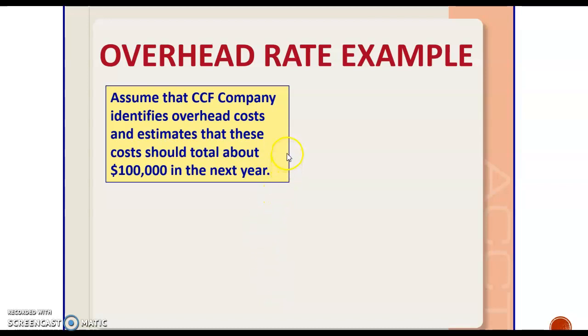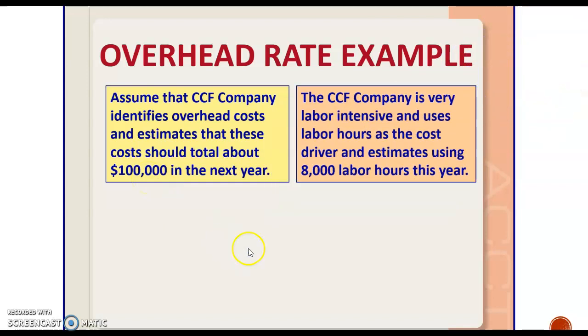So here's an example. Assume that CCF Company estimates the total cost for next year of overhead related items is $100,000, and their cost driver, they're very labor intensive, and so they use direct labor hours as their cost driver, and they estimate they're going to have about 8,000 of those.